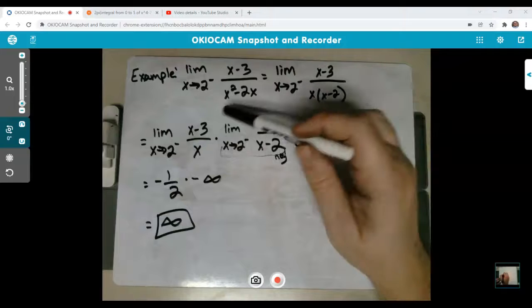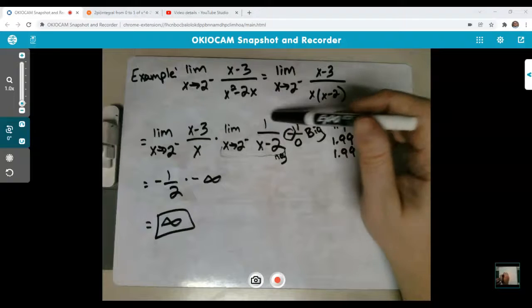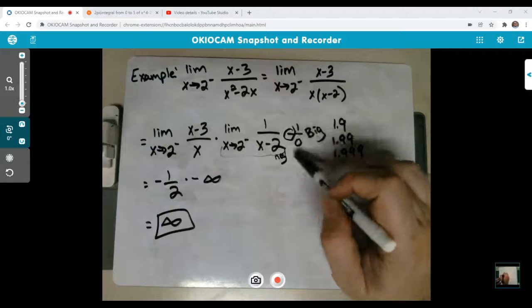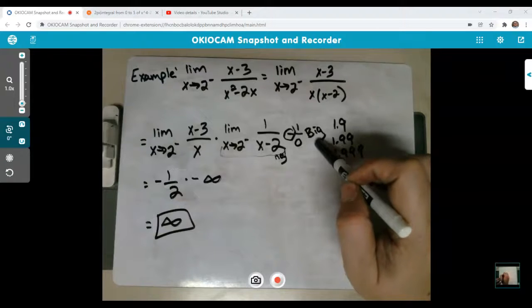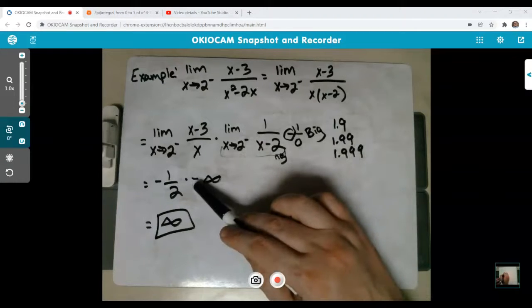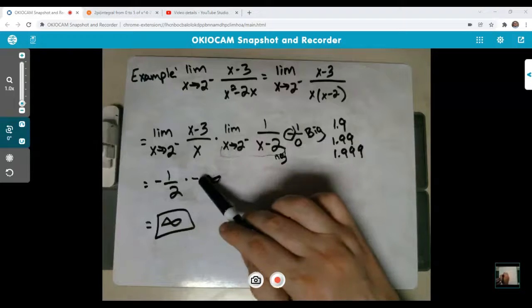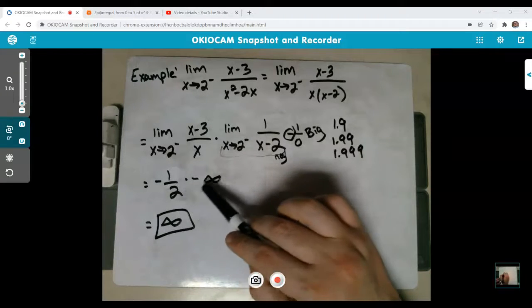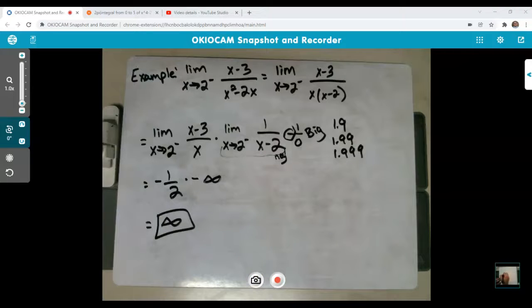This one I have to really think about, right? The bottom is getting closer to 0, which means the whole thing is getting really big. But since I'm on the left side, it's negative. Negative twice makes it positive, and it's getting very big, and so it's going to be positive infinity.